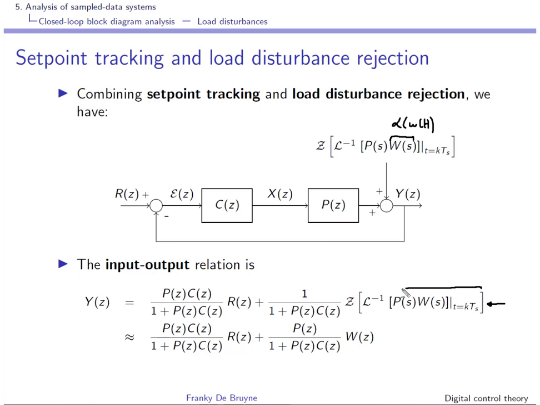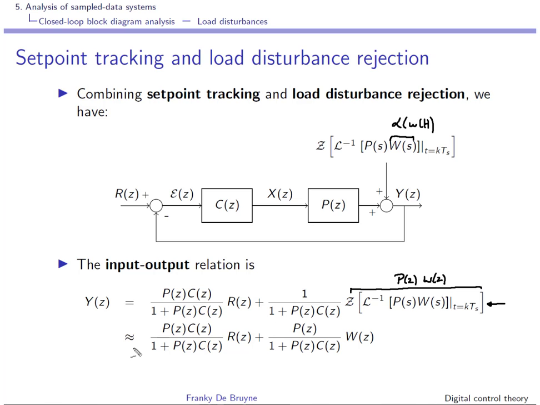So an approximation that we can make is to replace this by P(z) W(z), right? And then we can rewrite it as follows. This is really an approximation because, as you can see here, there is no influence of the zero order hold. This is normal because this one is acting behind the zero order hold, whereas this one is really taking into account the zero order hold.